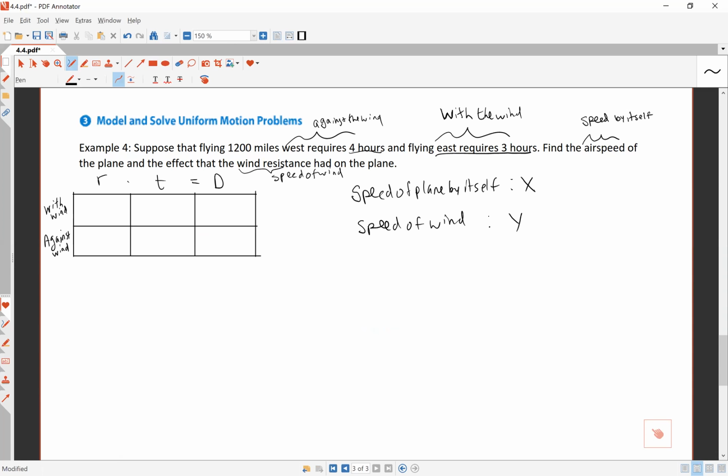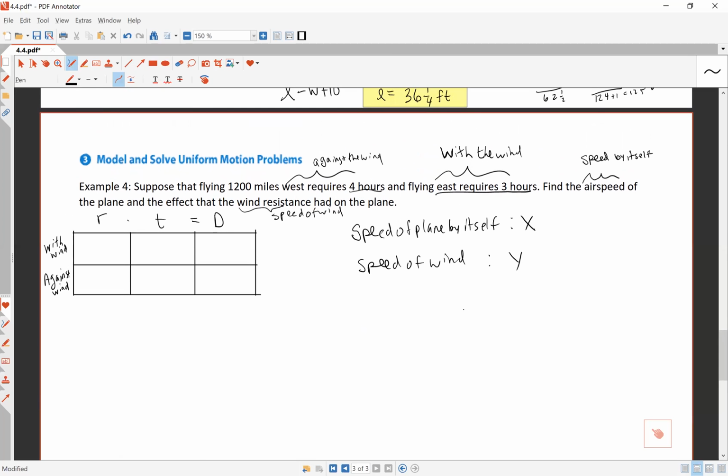Call that Y. And so when you go with the wind, as you fly east, whatever you can do by yourself, the wind adds to it. So your new rate with wind is X plus Y. You can go Y miles an hour faster than what you can do without any wind. So the rate with the wind is X plus Y.